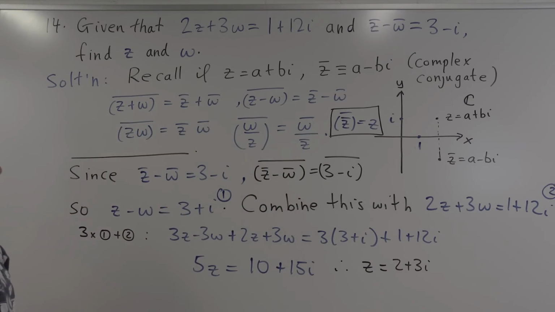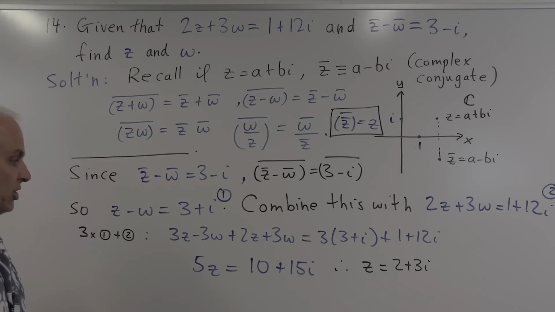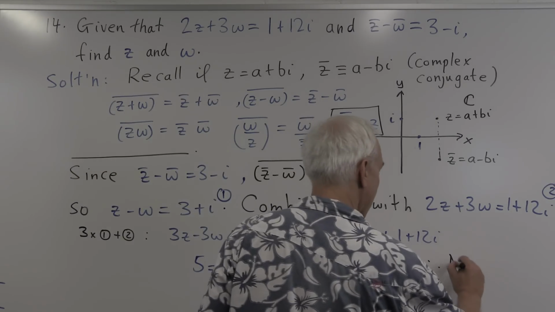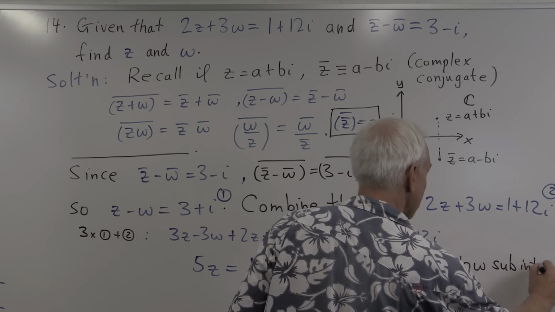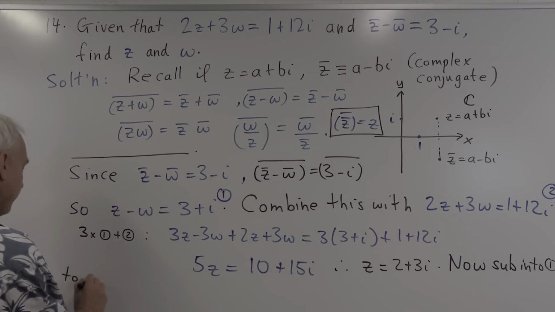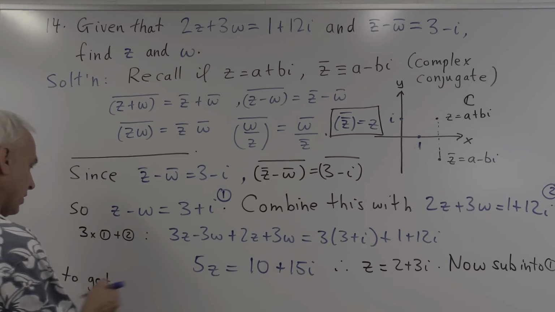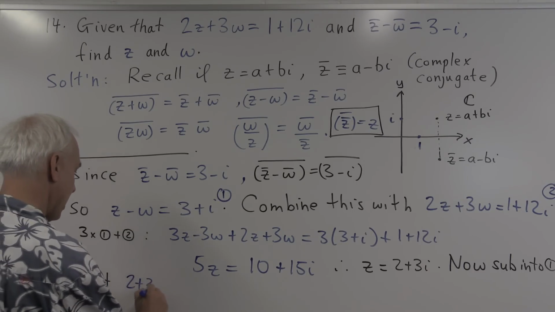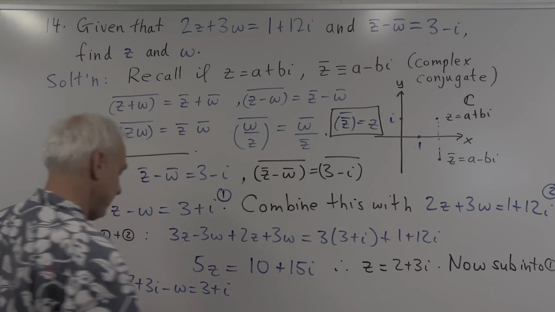And then we have to solve for w, so we can go back to equation 1. Substituting in, we get 2 plus 3i minus w equals 3 plus i.